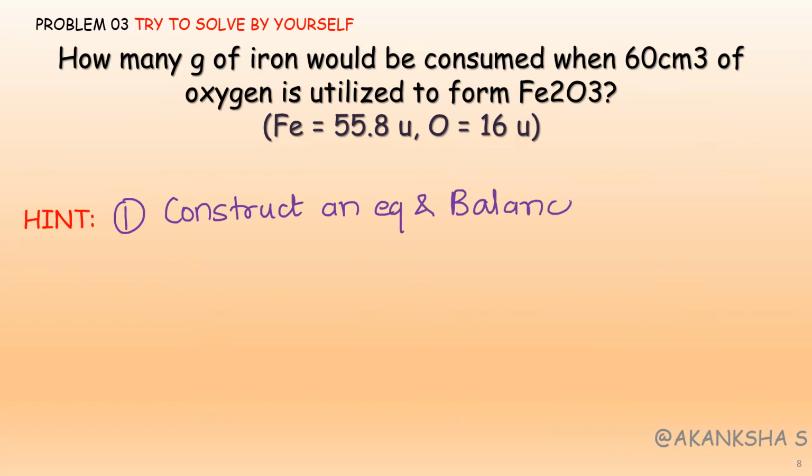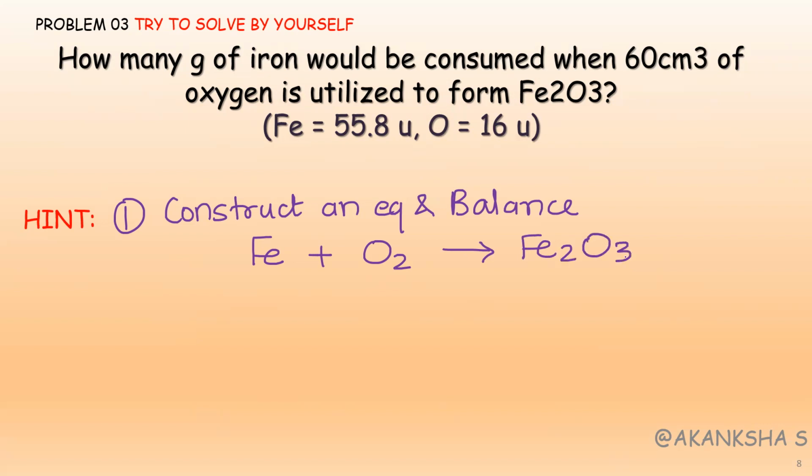Okay. So how do we go about it? What is given? They are saying how many grams would be consumed. So how many grams of iron would be consumed? Consumed meaning reactant. When some quantity of oxygen is utilized, again a reactant, to form, meaning a product, Fe2O3.